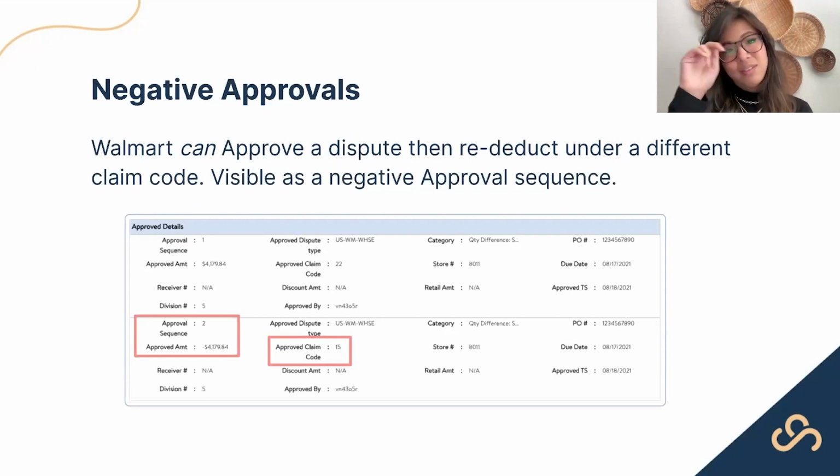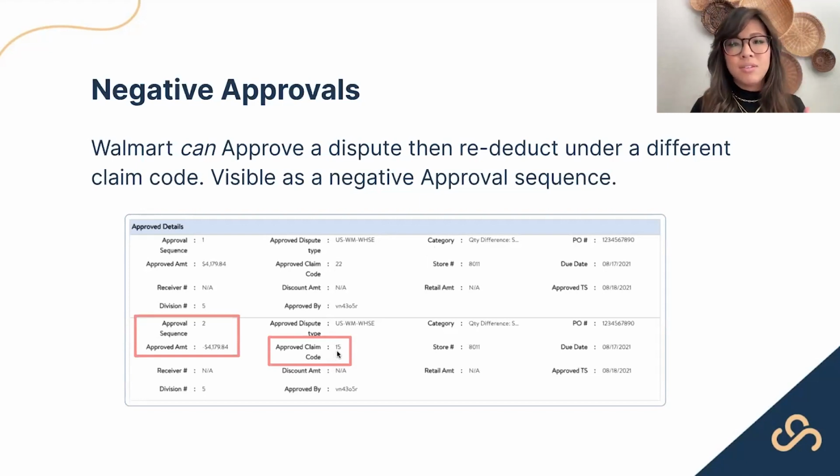Essentially, they can give you a deduction, you go in and dispute it and say, hey, Walmart, you deducted me on a code 22, which is a shortage. That's not correct, we shipped you in full, here's my POD. They can approve it and then re-deduct that same amount under a different claim code. Very common. We've seen them go from 22s to 15. A 15 is a concealed shortage.